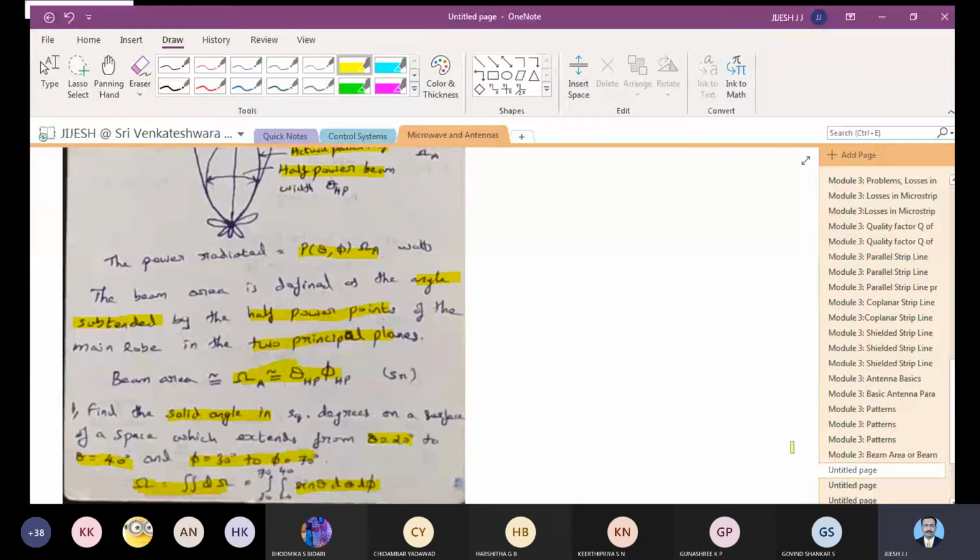It's all very easy at your level. It is just sin theta d theta d phi. What is the answer for that? One of you can unmute and say.